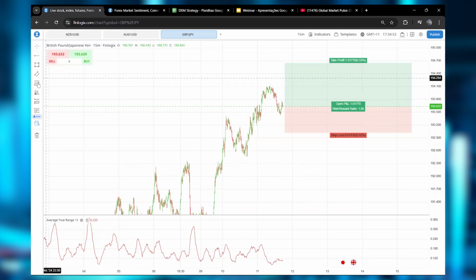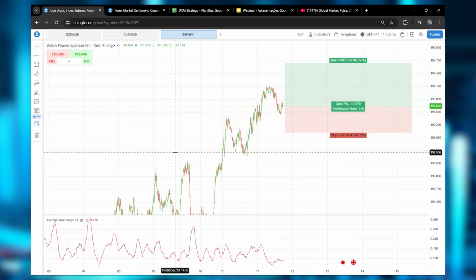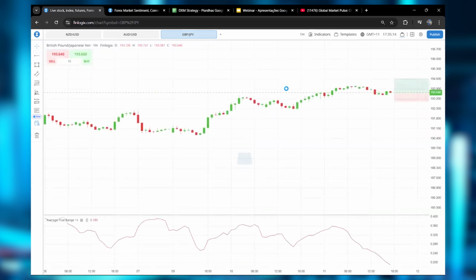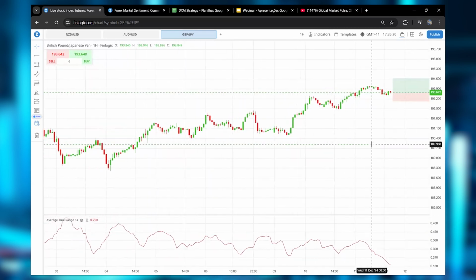No, I don't think it would be good, because if we take this into consideration, the 60% would be just above our stop loss, and that's not what we want. We want something a little bit bigger, so maybe the 1 hour time frame. In the 1 hour time frame, we have 189, so that's something a bit better.